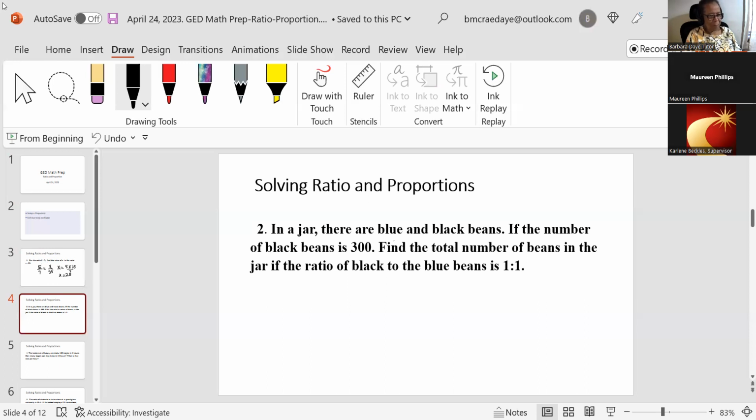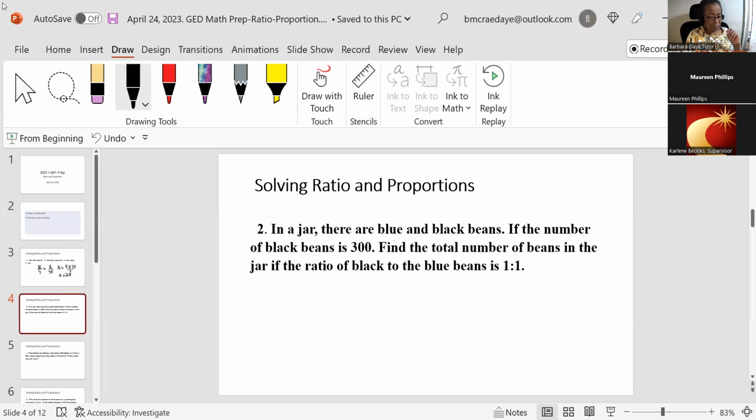One black and one blue, right? It tells you that the number of blue and the number of black beans are the same. That's the only way you get 1 to 1, right? So number blue equals number black.